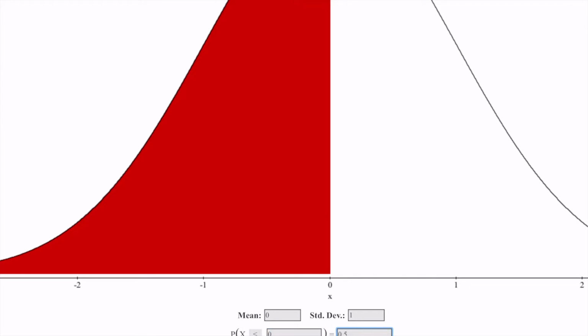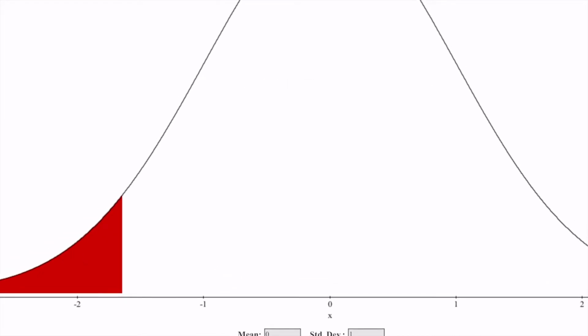What we do know is the area to the left. So for a 90% confidence interval, remember there's 10% that's left over, and we divide that by 2. So that's where I get a 0.05 from. If I go ahead and click compute, boom, it automatically populates.